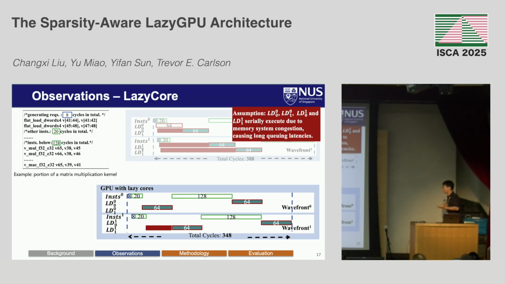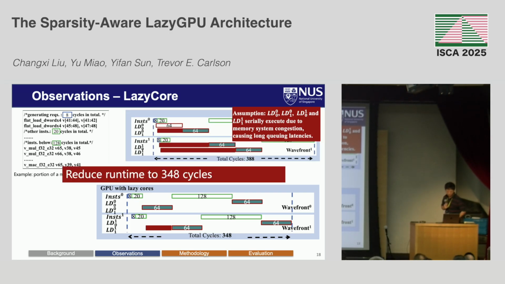And luckily, since we are executing these independent ALU instructions, the remaining memory requests do not conflict with each other. So we can see that in this small demo, we can reduce the runtime to 348 cycles.